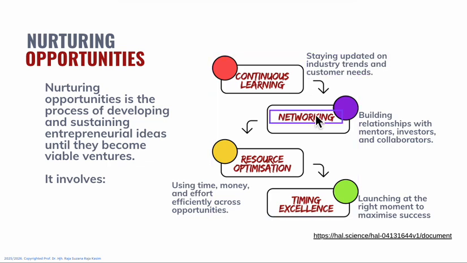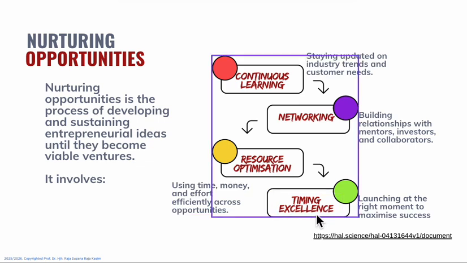Next is networking, because as an entrepreneur, success is not alone. No entrepreneur succeeds alone. You have to build strong relationships with mentors, investors, collaborators, and even customers, because you need to get their support. And resource optimization: time, money, and effort. These are all limited, and successful entrepreneurs know how to allocate these resources wisely across different opportunities.